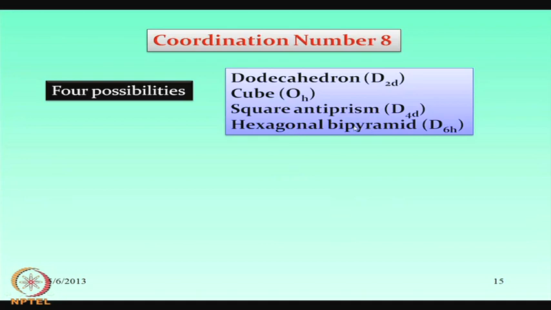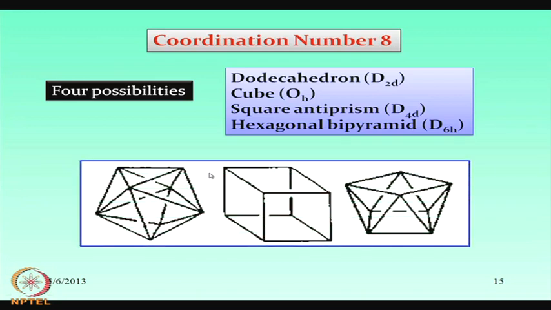The pentagonal bipyramid we have just seen. Similarly, if the plane is hexagonal, then above we have one point and below we have another point, and we get a hexagonal bipyramidal geometry of coordination number 8 with a symmetry level of D4H. So, these are the situations.